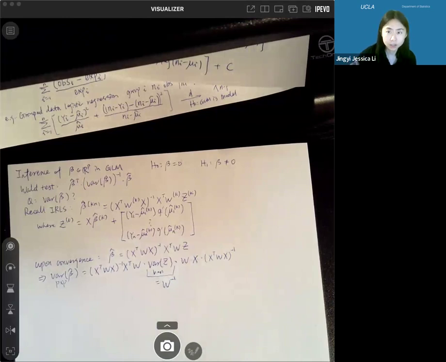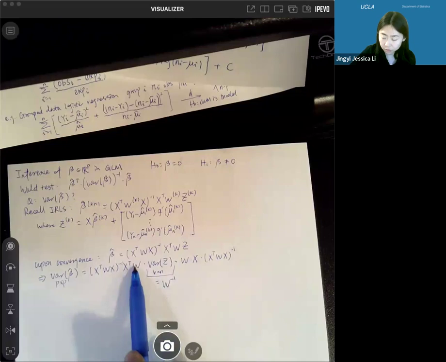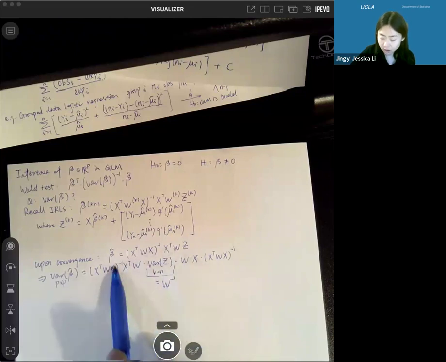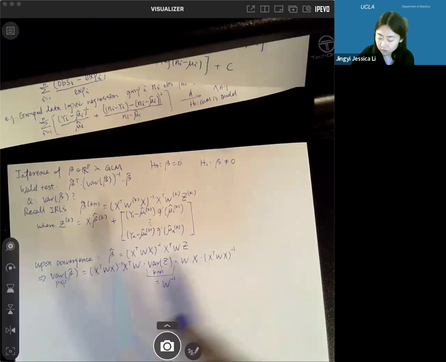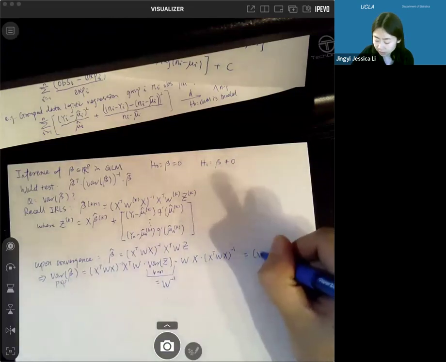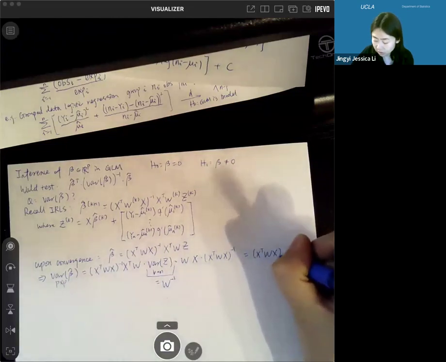We actually have that derivation. So with this, you see we have some cancellation. This W and this W inverse get canceled. So we have X transpose W X in the middle, which can cancel one copy of the inverse here. So then we get X transpose W X inverse.